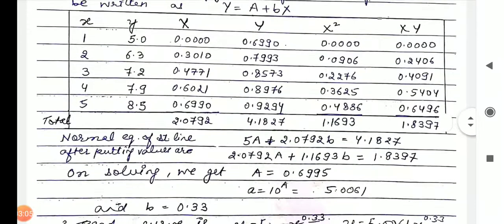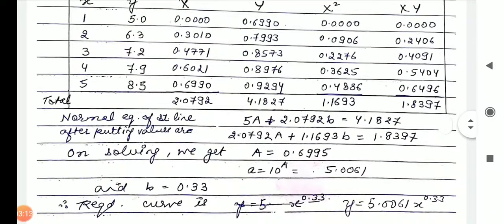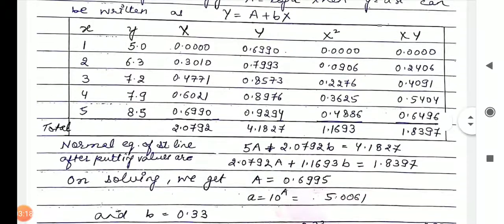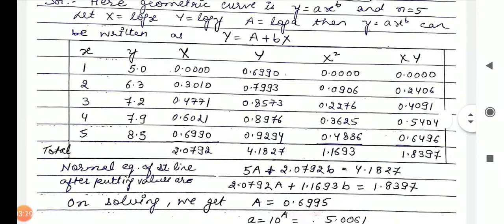So we have substituted these values in the normal equations of the straight line, and we have obtained the value of capital A as 0.6995. Again, we know that capital A is log of small a.